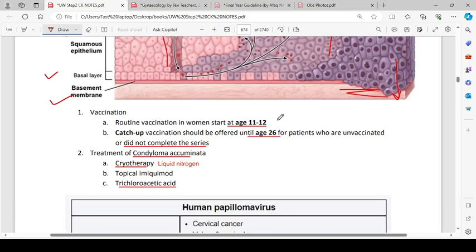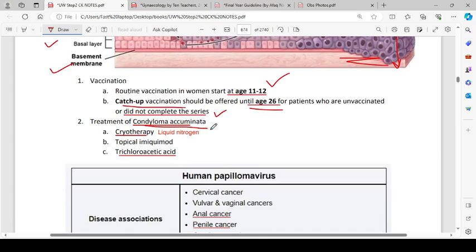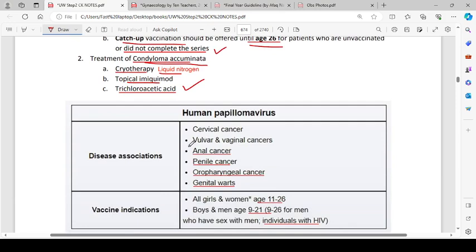Vaccination. Routine vaccination in women start at age 11 to 12. Catch-up vaccination should be offered until age 26 for the patients who are unvaccinated or did not complete the series. Treatment of condylomata acuminata. Cryotherapy, that is with liquid nitrogen. Then topical imiquimod and trichloroacetic acid. Human papillomavirus.